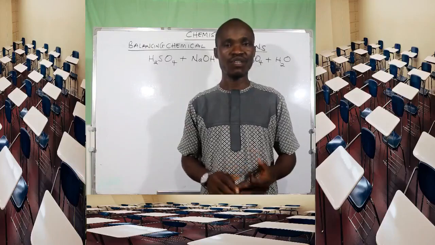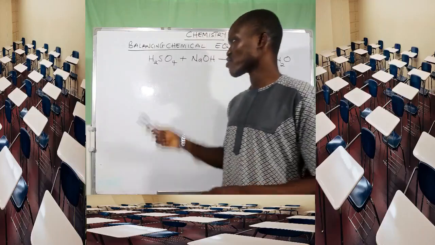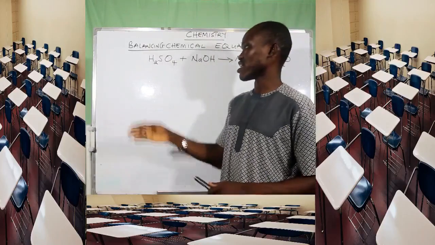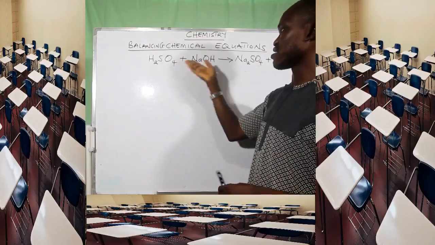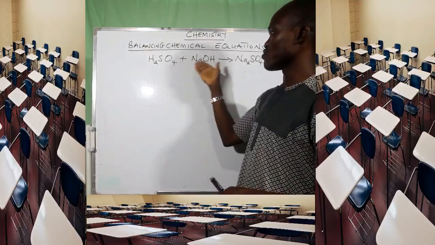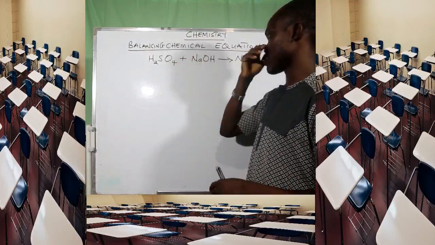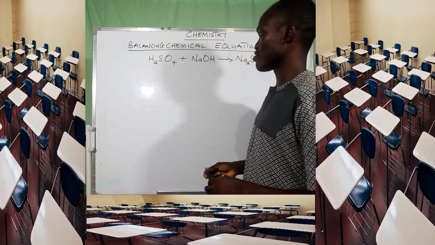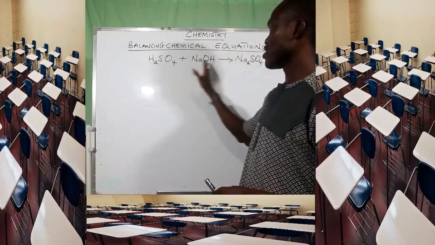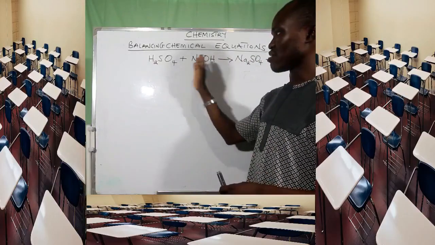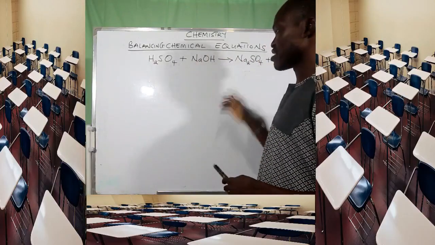way of balancing equations. First of all, this is an equation given to us: the reaction between sulfuric acid and sodium hydroxide solution, which, when the two chemical substances react, gives sodium sulfate, and water is produced. What we do here is consider the number of atoms on the reactant side and on the product side.